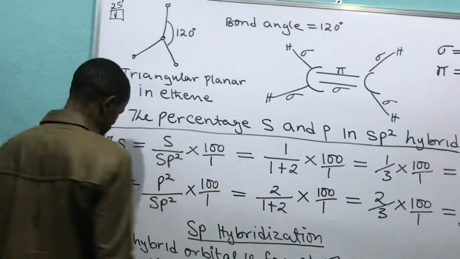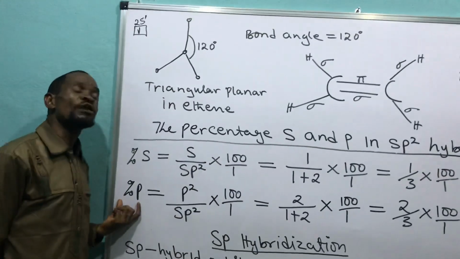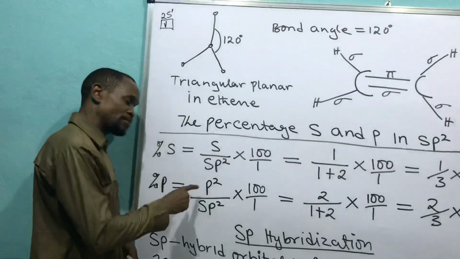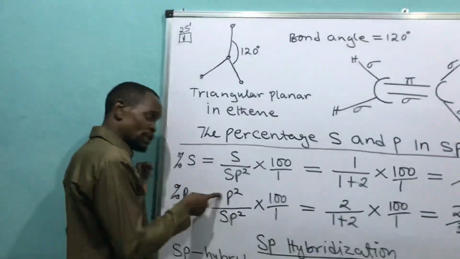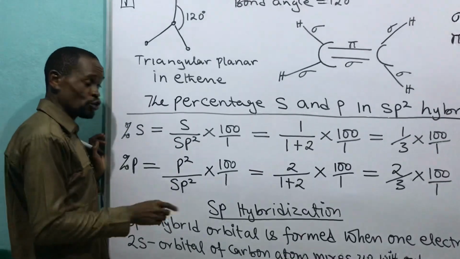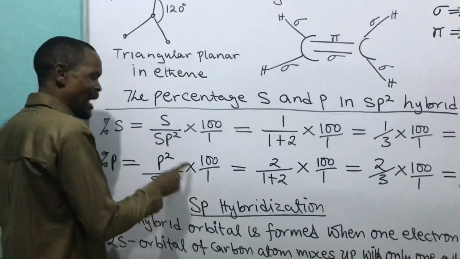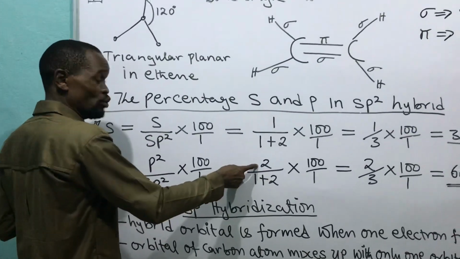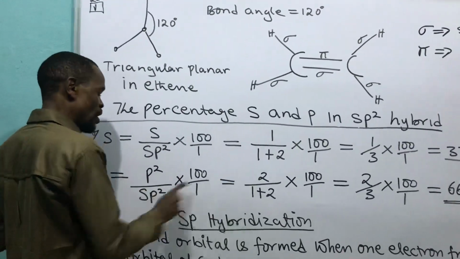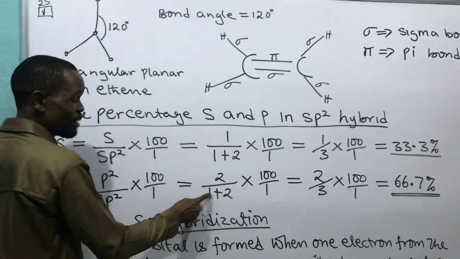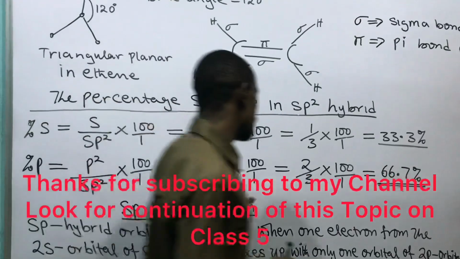And I come over here, we say the percentage of p orbital. Then I have to bring out p over the total. And what is the p? p2, right? And over the total, what is it? sp2, that is the total. Times 100 over 1, and the p2 is 2 electrons. This one is 1 electron, and this one is 2 electrons, being 1 plus 2, and that will give me 3.